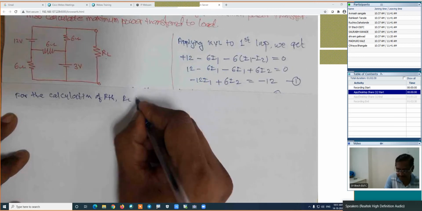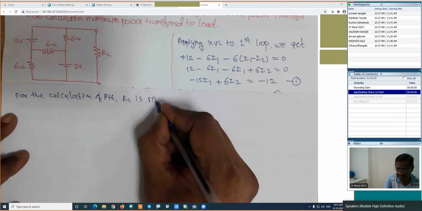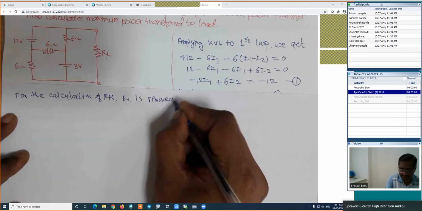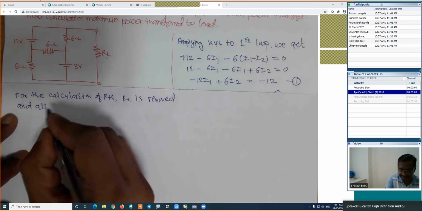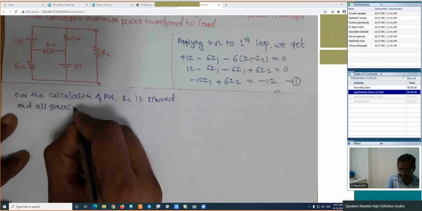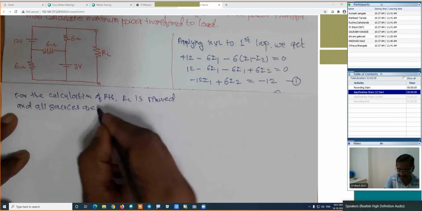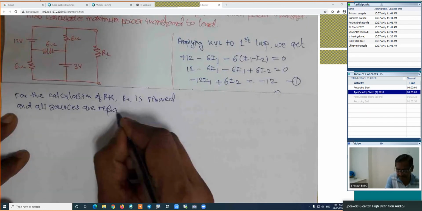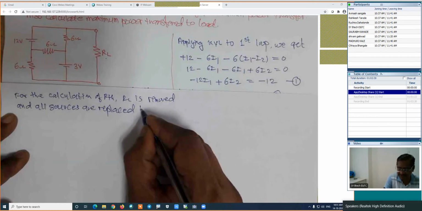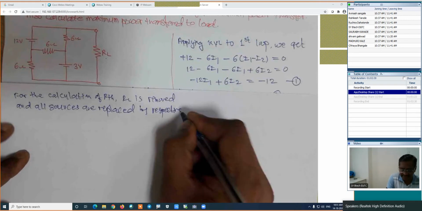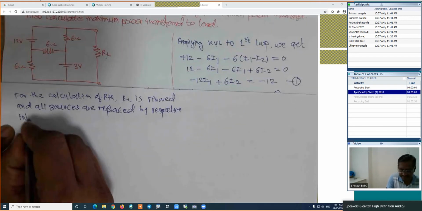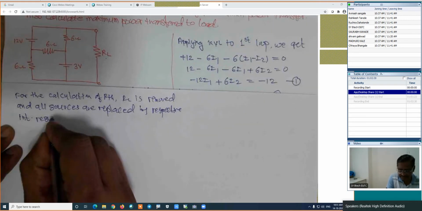For the calculation of RTH, RL is removed and all sources are replaced by respective internal resistances.